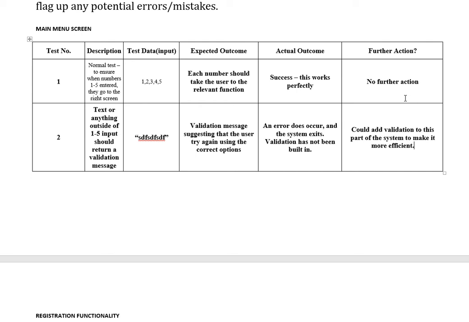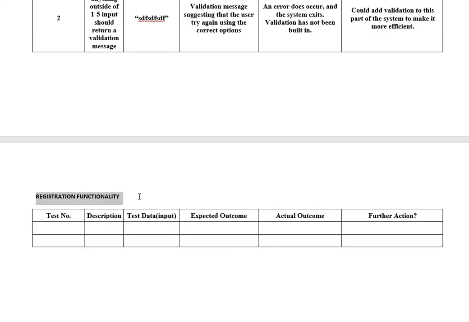Now obviously, depending on the time that you have, you might want to go back and add this validation. Even putting it in here is going to be helpful because it's actually saying that you understand what validation is. But you might not have time to add validation everywhere. You might go on now to the registration functionality.